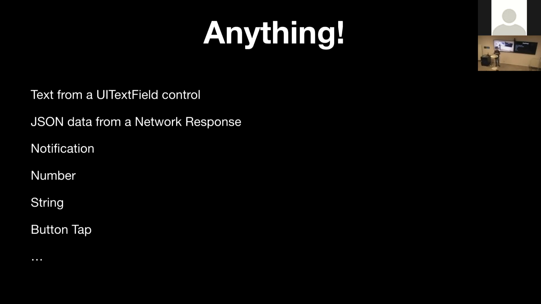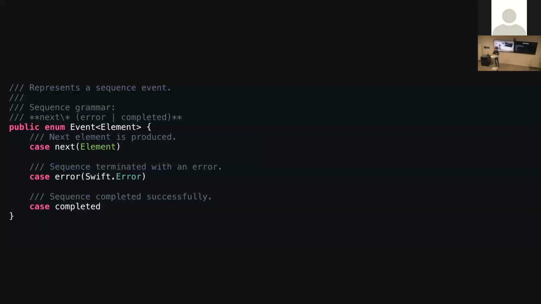So for example, in the first example, it's a UI text field, so the event conveys text, but in the case of a network response, the next event might include some JSON or something else. So it really depends on the context of usage. The way RxSwift defines it is like this. It's an enum, and you can convey the data in the next as an associated value, or the error when it's in an error.